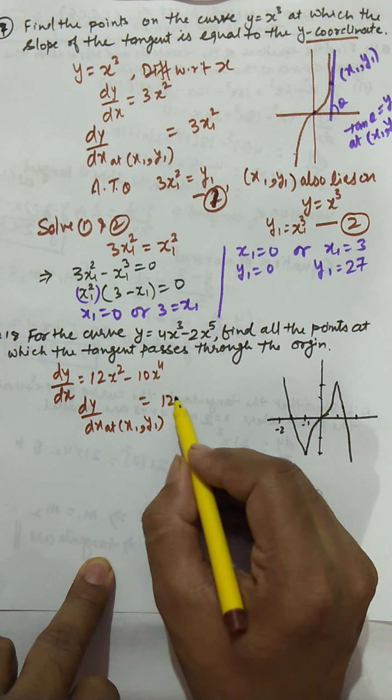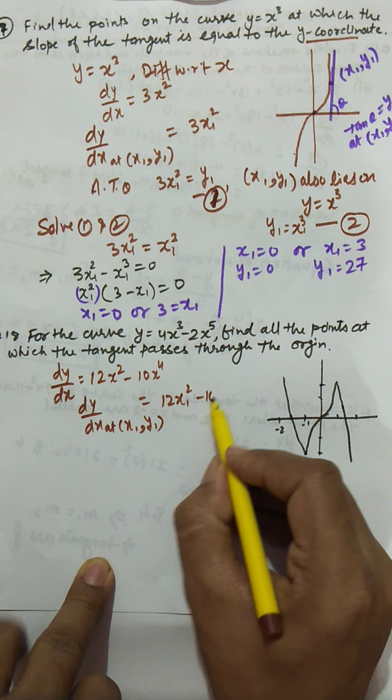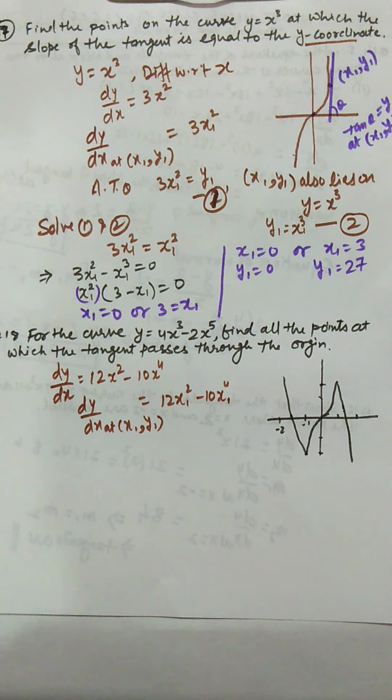So the slope will become 12x1² - 10x1⁴. This is the slope of the tangent.